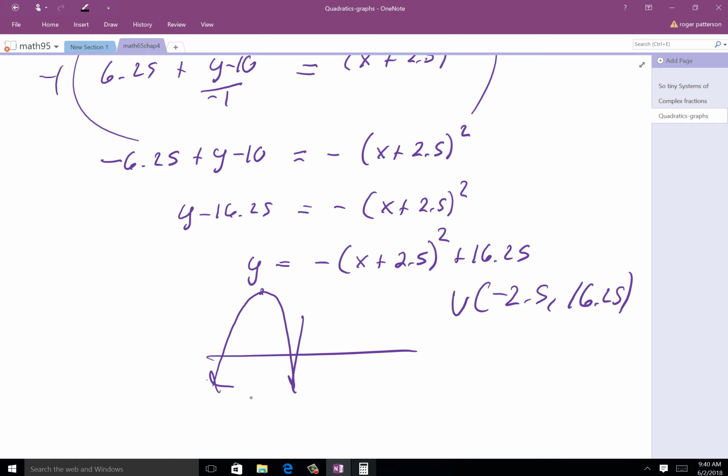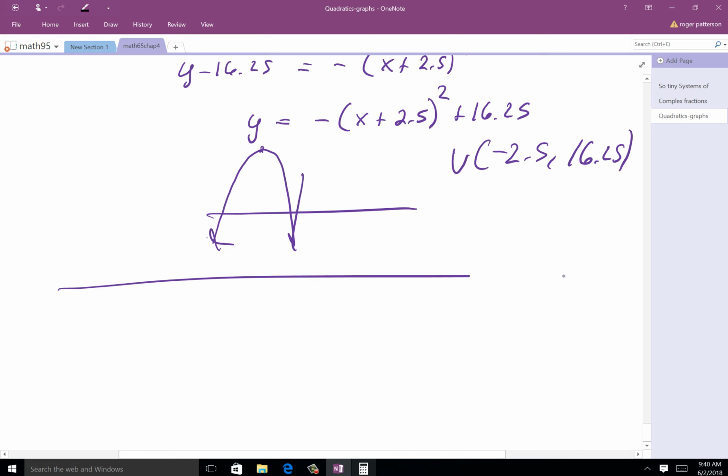And then it says compare the graphs. So, here, let's do this. For example, I'm just going to do 26 just for the heck of it. y equals (x minus 2) squared minus 3.